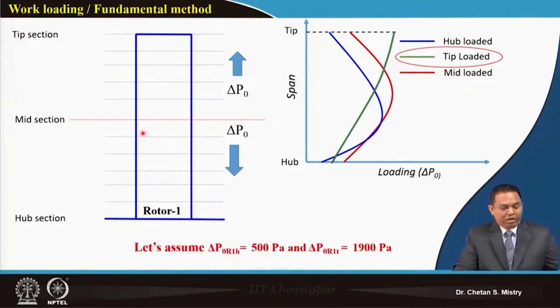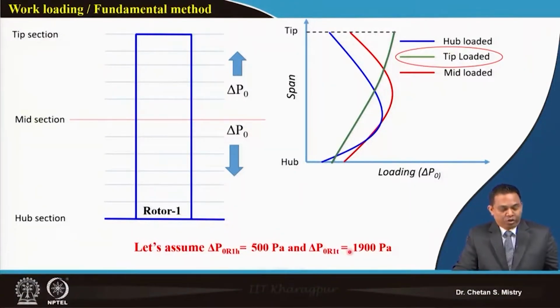So, let us assume at hub we are assuming our pressure rise to be 500 Pascal, and at the tip we are considering that to be 1900 Pascal. It is your choice. We will see how these numbers are coming. In the initial calculation with iterations, we have assumed these numbers, 500 Pascal and 1900 Pascal.